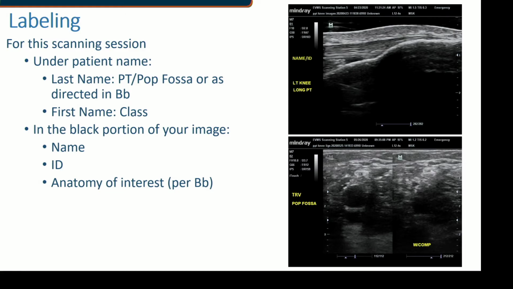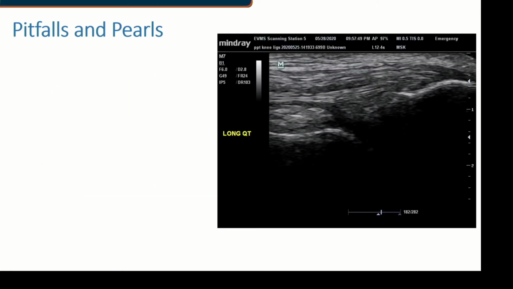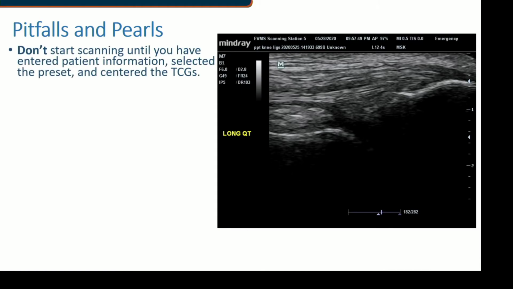And also you want to be labeling your anatomy of interest per Blackboard, but just remember that when you do so, it should not obscure any relevant anatomy. All right, a few pitfalls and pearls. Don't start scanning, and I keep reiterating this, don't start scanning until you've entered your patient information and you've selected your presets.